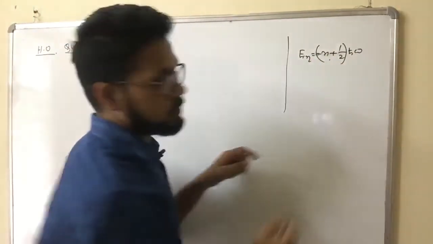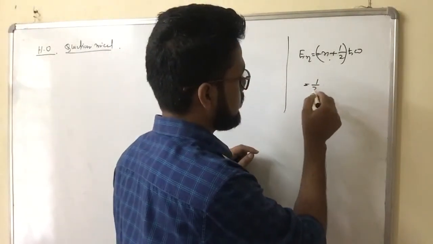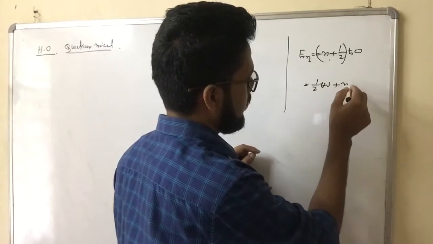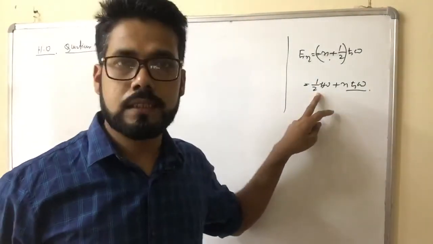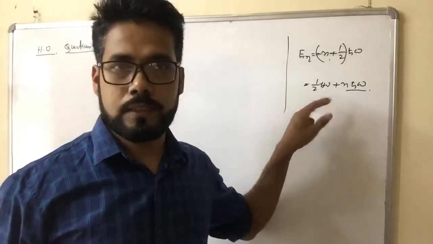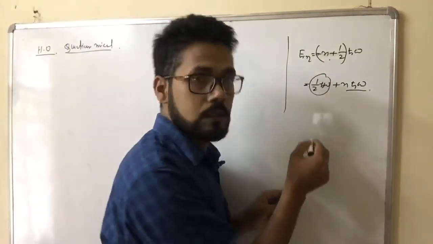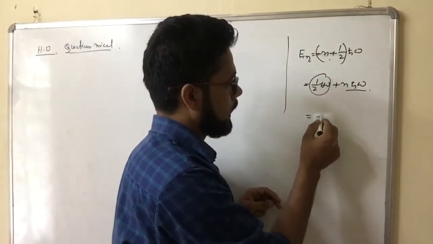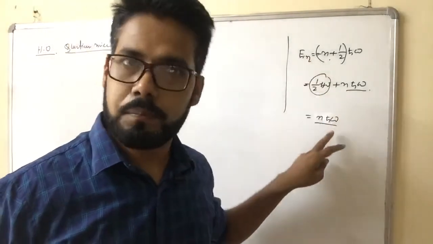This is the Schrödinger harmonic oscillator, and it is equal to half h cos omega plus n h cos omega. Now this half h cos omega is known as the zero-point energy of the harmonic oscillator. If we assume there is no zero-point energy, so this part is zero, then the energy equals n h cos omega, and the Schrödinger oscillator becomes the Planck oscillator.